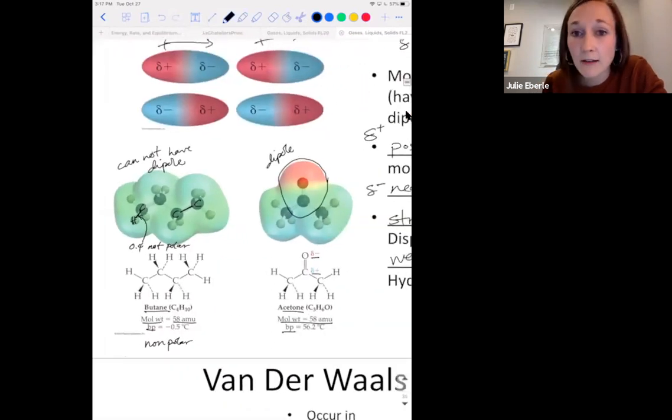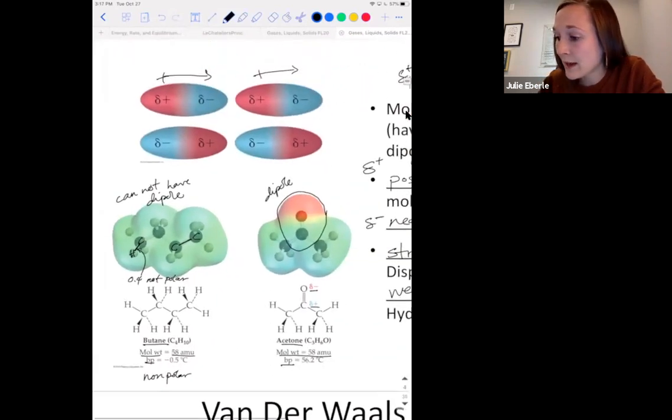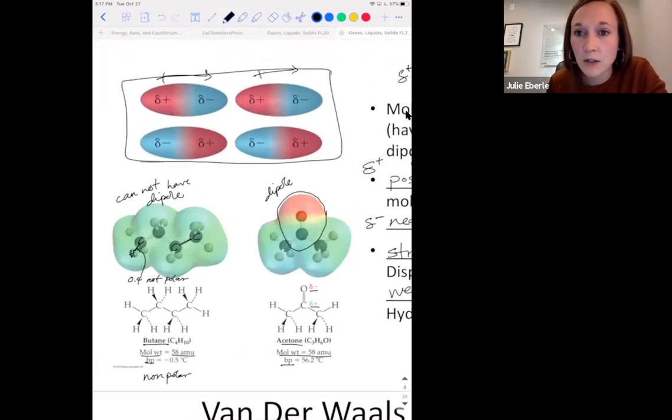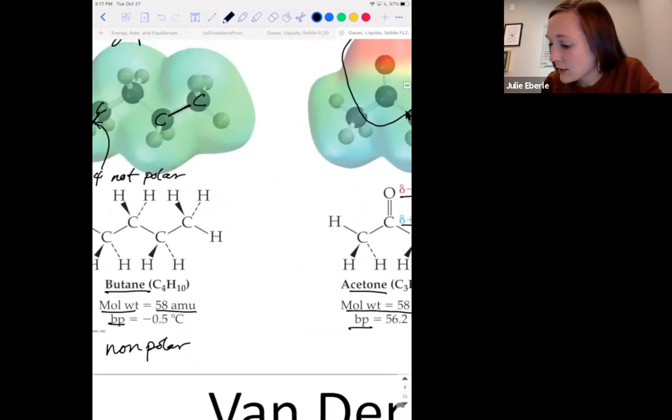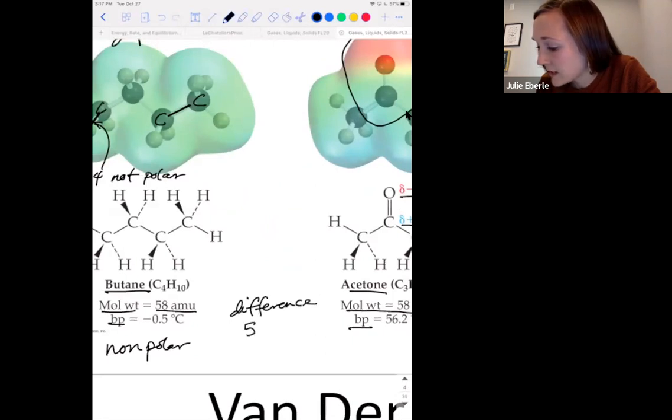And because of that, acetone molecules could line themselves up just like what we're seeing up here, with the positive region interacting with the negative region on a neighboring molecule. And it's a difference in their boiling points. That difference alone accounts for this difference of over 50 degrees Celsius.